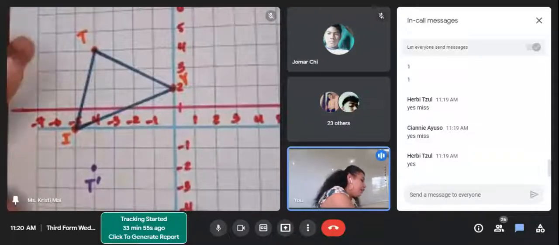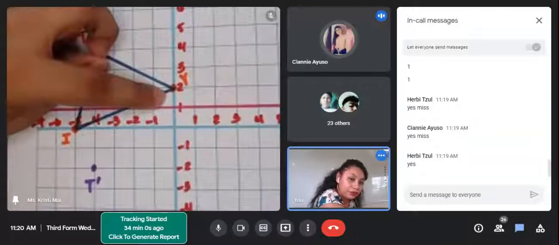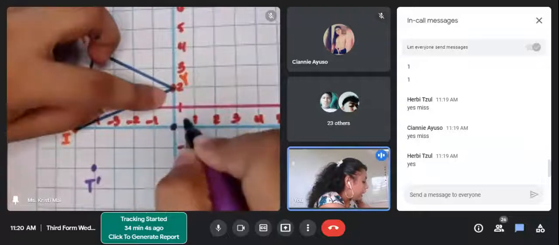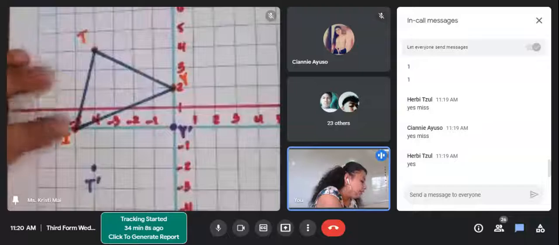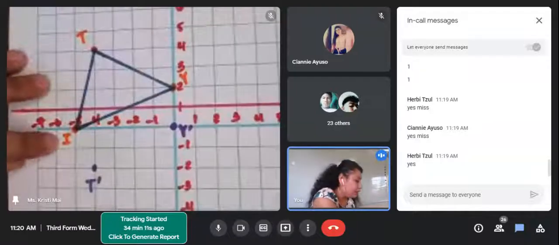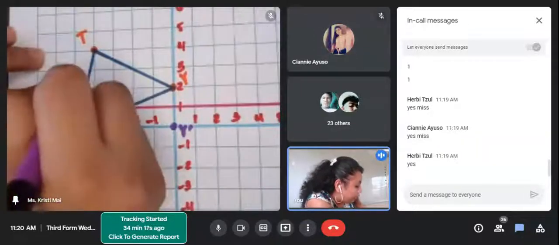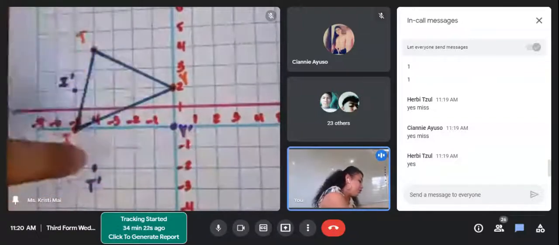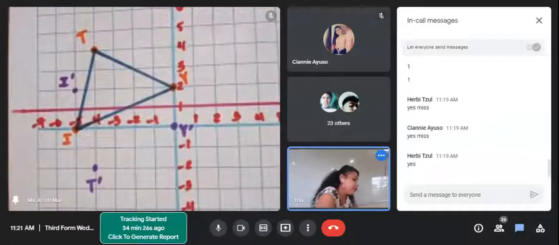If I look at Y, how many spaces for Y? 1 space for Y, and I will have Y1. And then if I look at I, how many spaces is I away? 1. So I'm gonna have 1 space for I1. And I have my 3 points. I go ahead and I connect the dots.